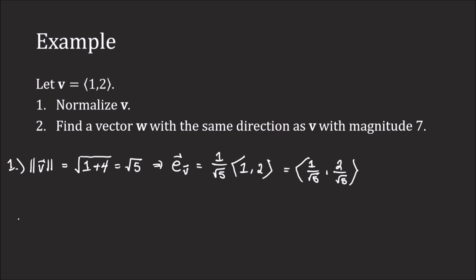So to find a vector of magnitude 7 in the same direction as v, well, we already have a unit vector in the direction of v. We just found it. So why don't we just multiply this by 7? And that should give us w.